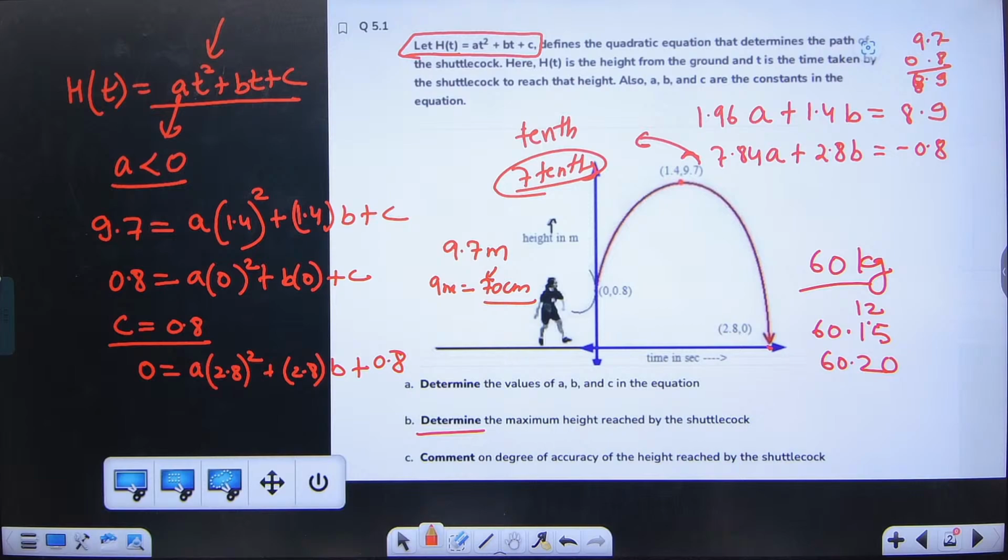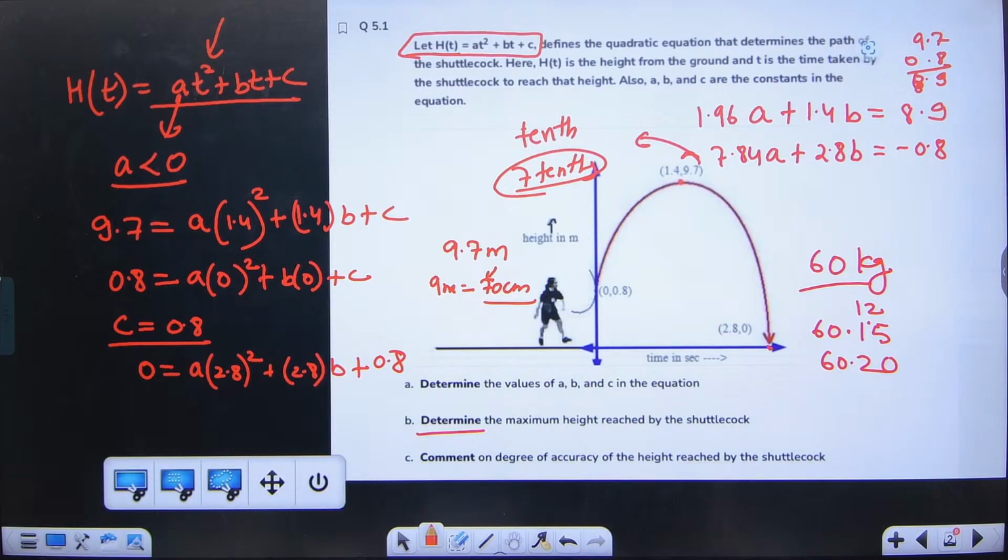So you see, the first equation was found using the same. I substituted 0, so C is found to be 0.8. Then you have two equations. Can you see that? This is what I made. 1.96A plus 1.4B is equal to 8.9. And the second equation was 7.84A plus 2.8B is equal to minus 0.8. Right?